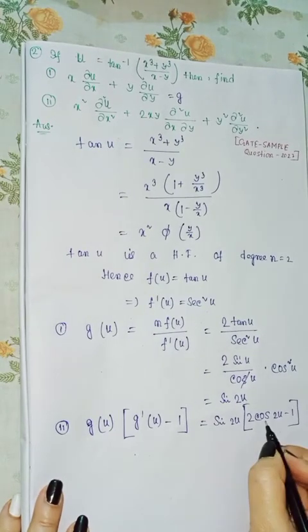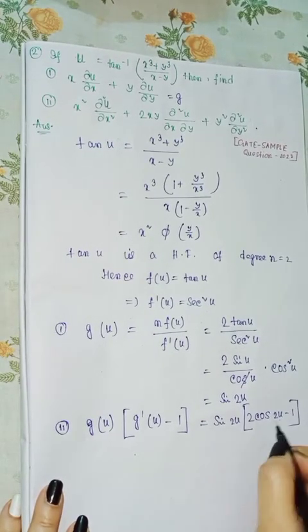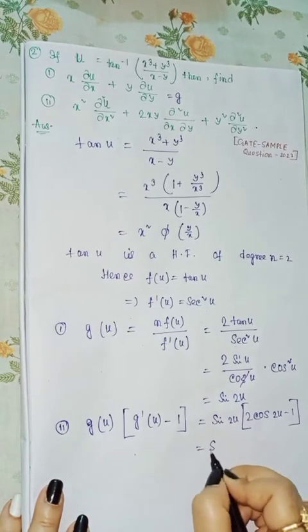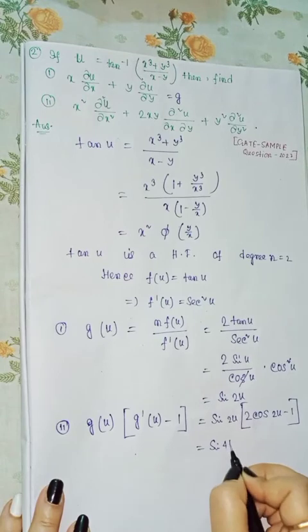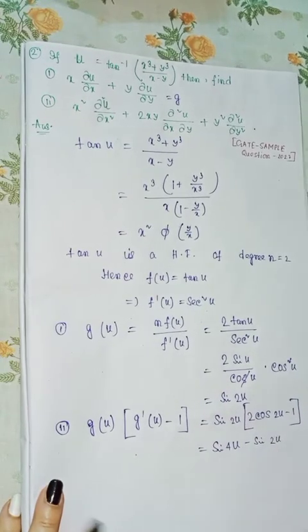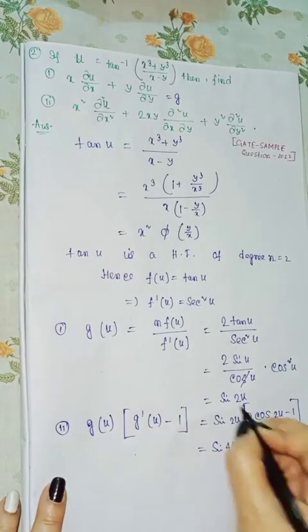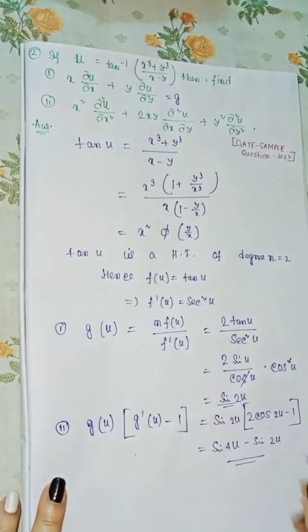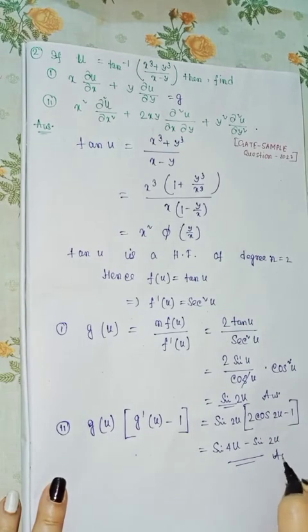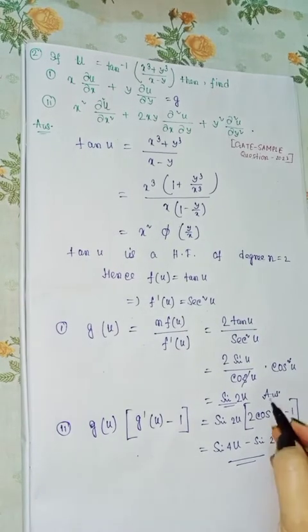So just multiplying this, 2 sine 2u cos 2u means sine 4u, and this one is sine 2u. So we reached these two, which are the required solutions, and this is the complete solution of question 2.